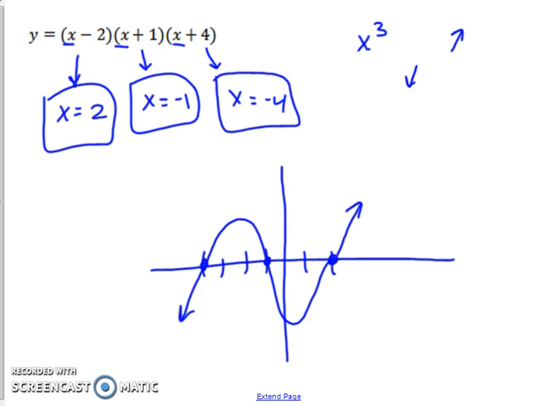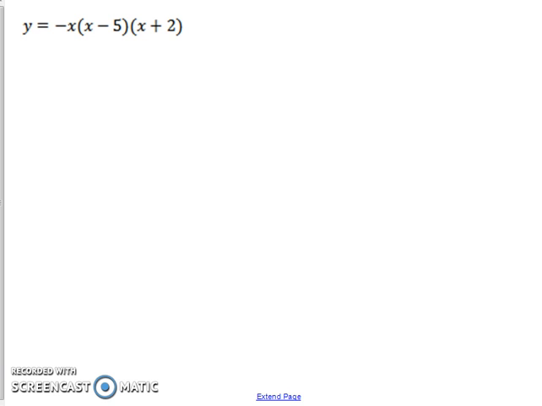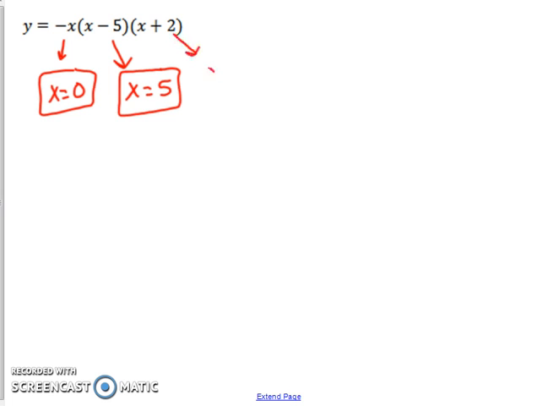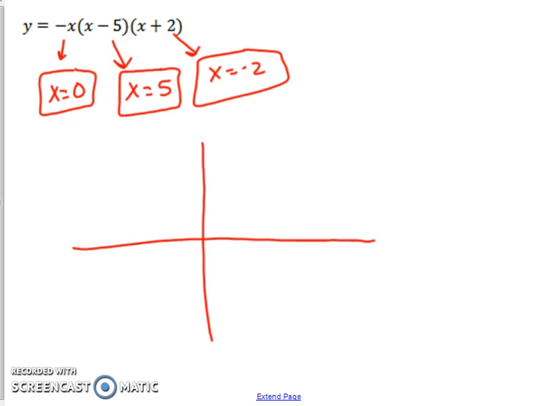All right, so let's look at another one. So this one, if I set this to 0, I get 0. If I set this to 0, I get 5. If I set this to 0, I get negative 2. So we're going to sketch this real quick. It crosses at 0, at 5, and at negative 2.